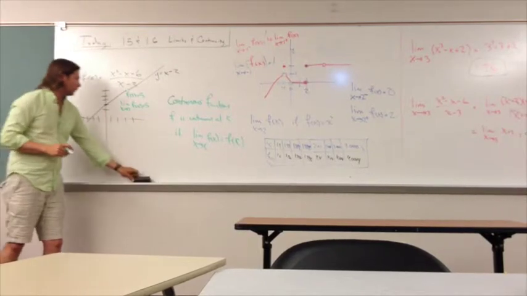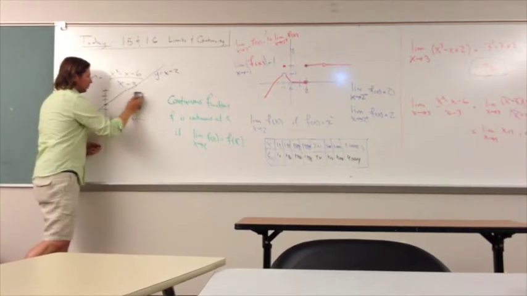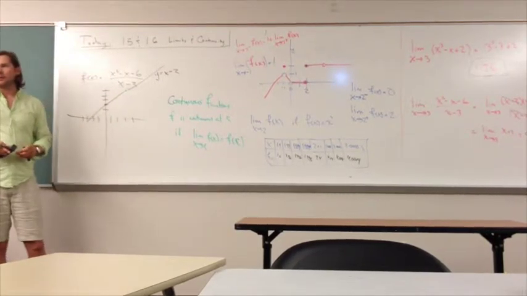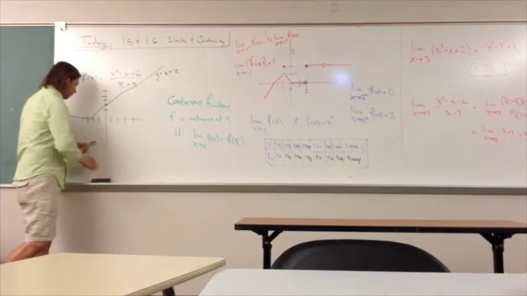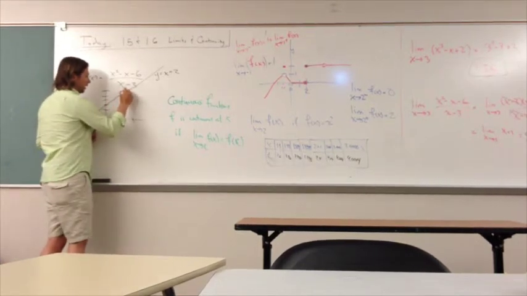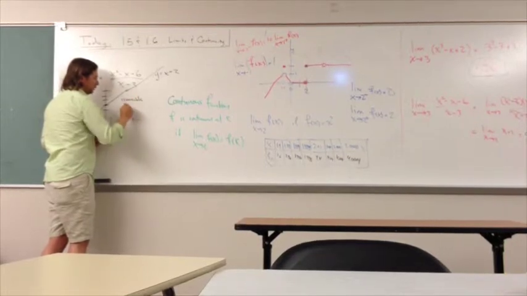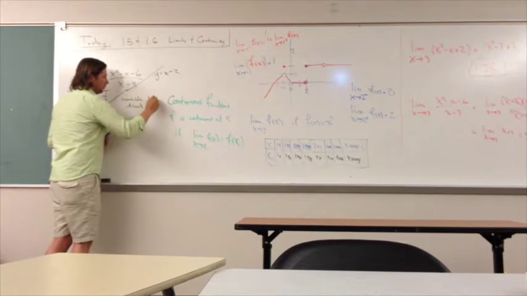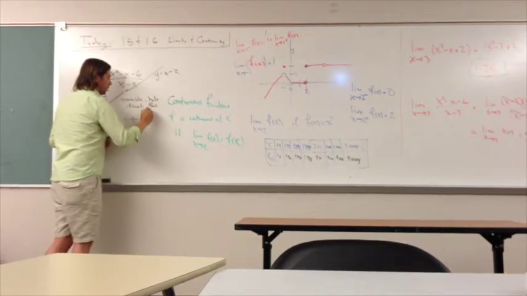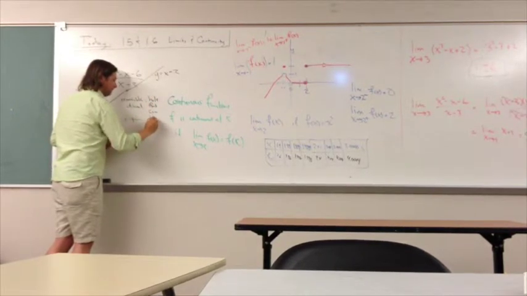If there's a hole that can be plugged up by a plumber, then it's a removable discontinuity. And the reason we call it removable is because you can plug it up. Okay? So removable discontinuity equals hole that can be plugged or fixed. Okay?